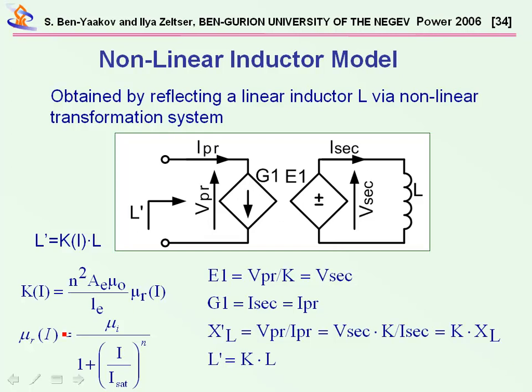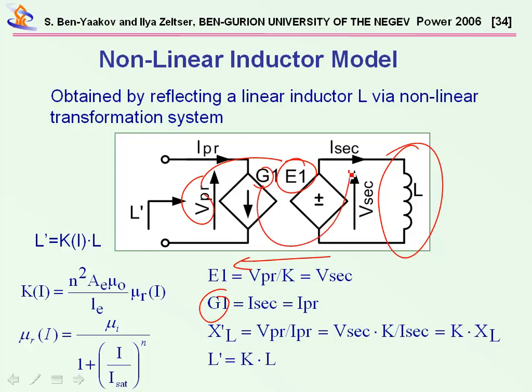We start with a linear inductor, and we translate it by dependent sources, which are a function. We have E1, which is a function of the voltage at the primary, and G1, which is a function of the current at the secondary.